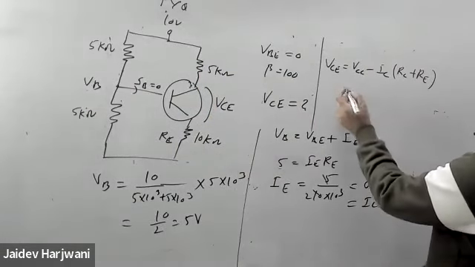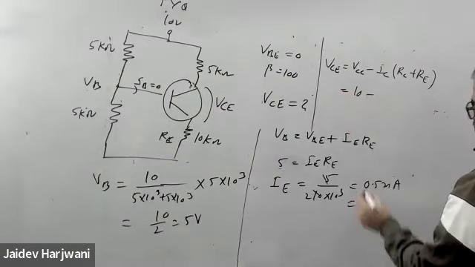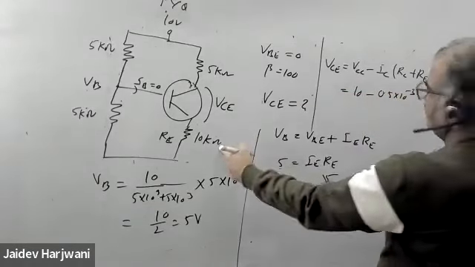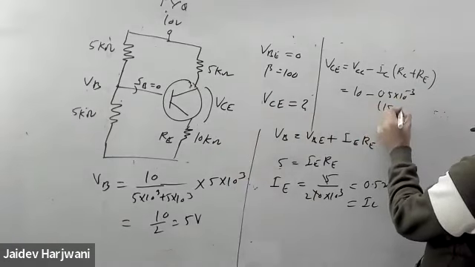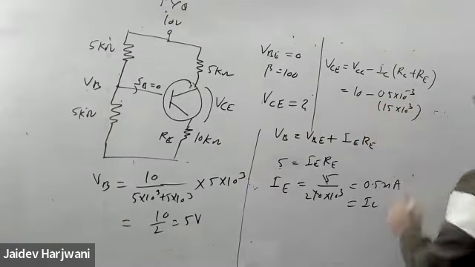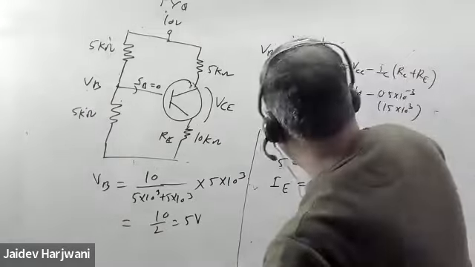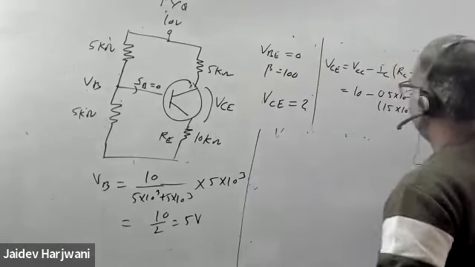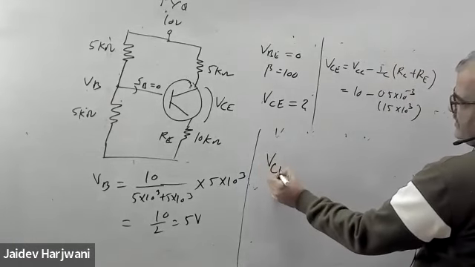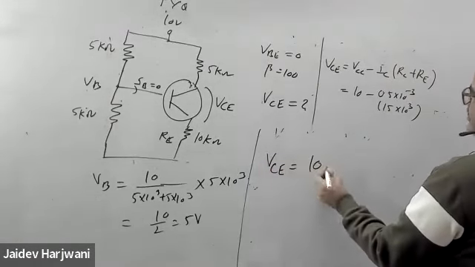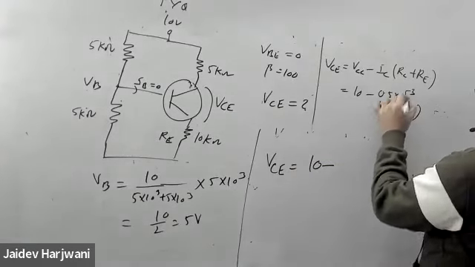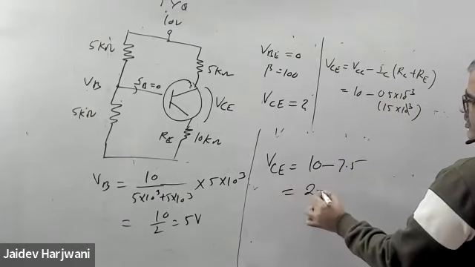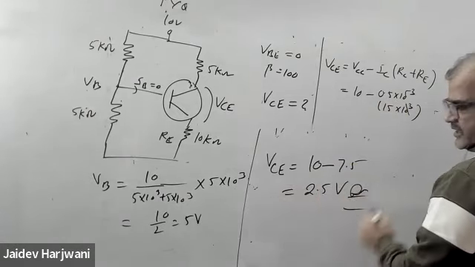VCC is 10 volt, IC is 0.5 milliampere, and RC is 15 kilo ohm. So VCE is 10 minus 7.5, which is 2.5 volts. Check whether it is coming or not.